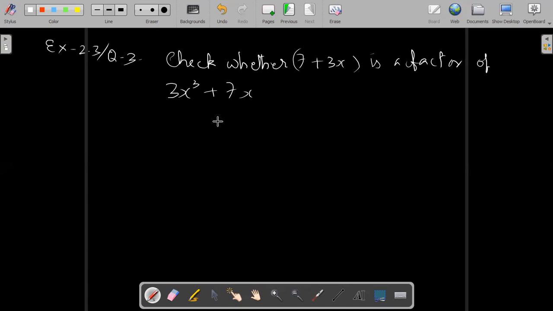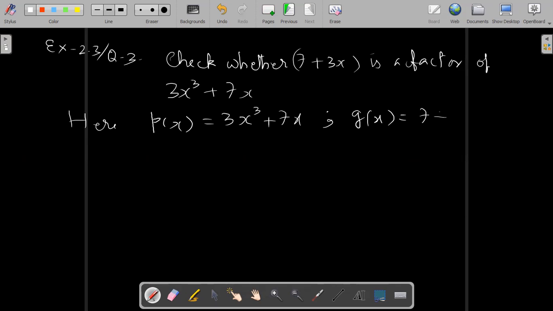So here again px is equal to 3x cube plus 7x, and gx, the divisor, is 7 plus 3x.